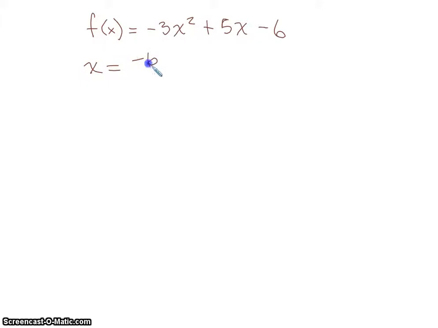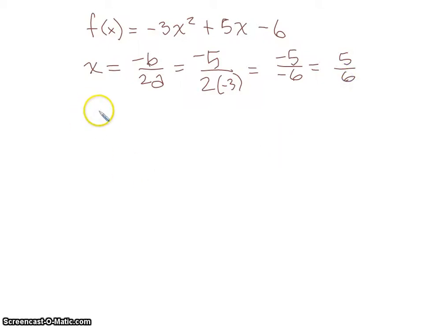X equals the opposite of B over 2 times A. So our B value is 5, so the opposite of 5 is -5. Over 2 times A, and A was -3. So then we've got -5 divided by -6, which is just 5/6. So the vertex has an x-coordinate of 5/6.